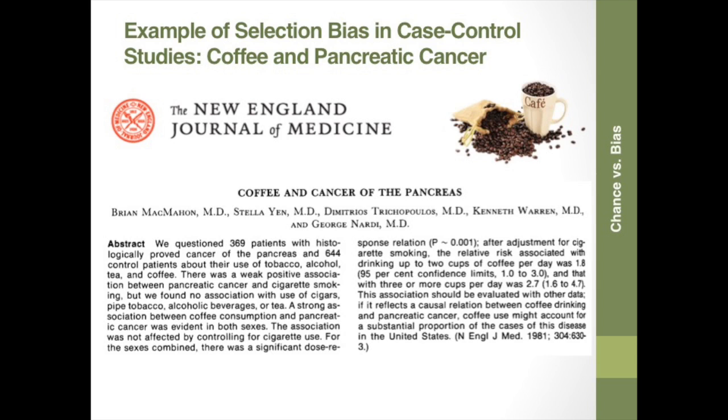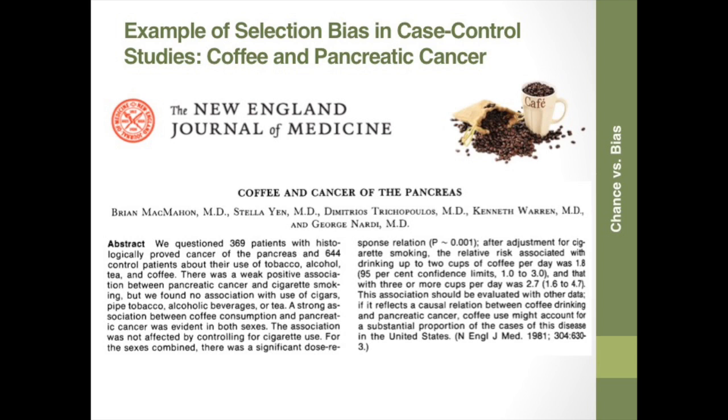So, what did go wrong and why? Controls in the study were selected from a group of patients hospitalized by the same physicians who diagnosed and hospitalized the cases. The idea was to make the selection process of cases and controls similar.